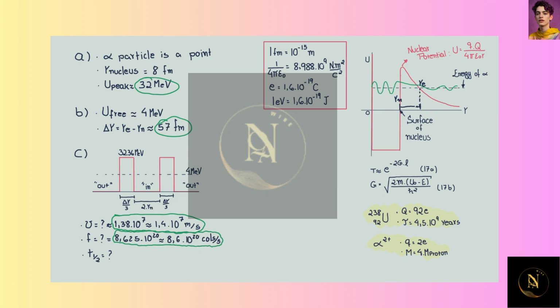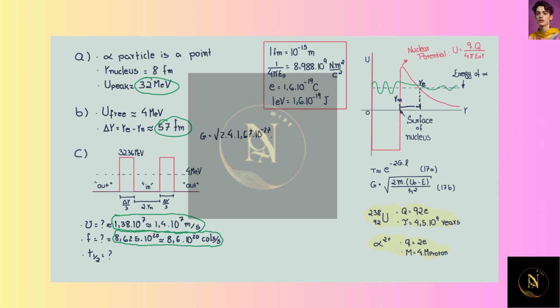Now for the last answer, we begin by calculating what is the tunneling probability, that is, what is the value of t given the data that we have. For that, we will need to evaluate this auxiliary quantity g. So let's begin by evaluating g. G is given by the square root of 2 times the mass of the alpha particle, which is 4 times the mass of the proton, and the mass of the proton is 1.67 times 10 to minus 27 kilograms.